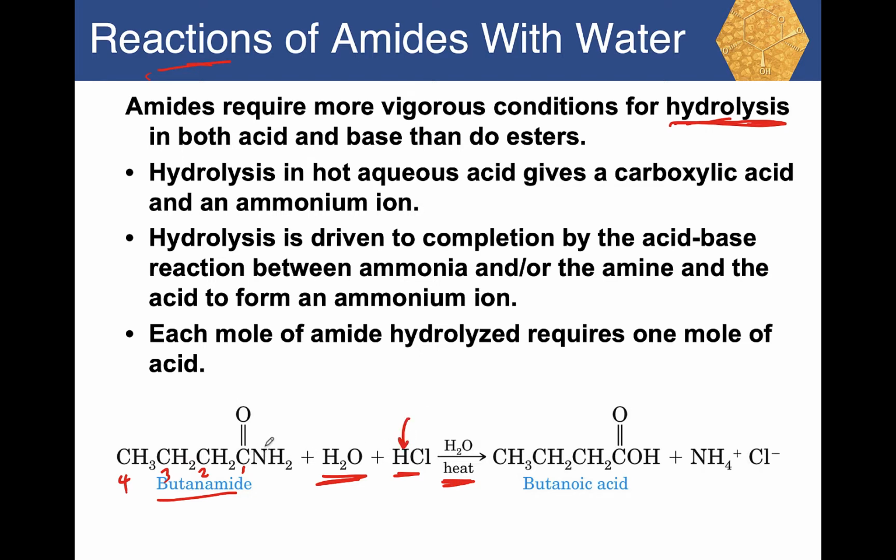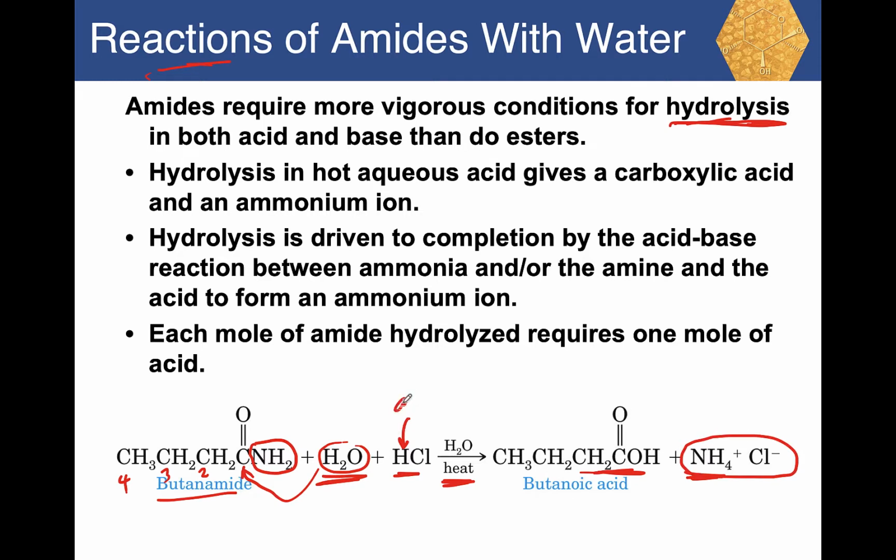When the reaction is done, this comes off as ammonia, and of course the OH here comes right in here to form a carboxylic acid. Notice this is written as an ammonium salt. Why?